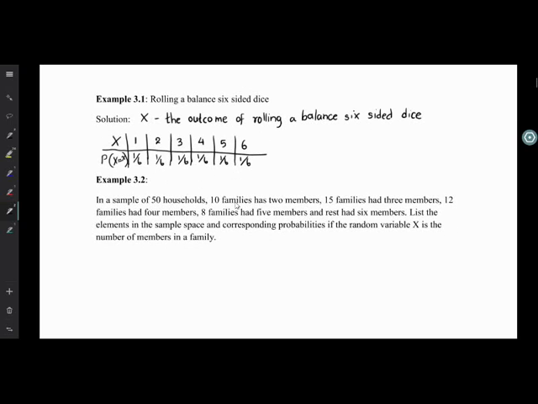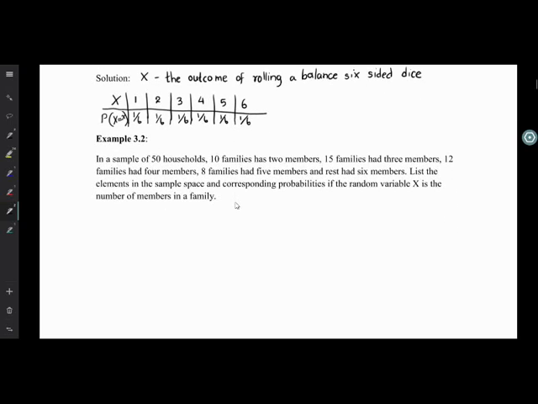Let's look at the second example. In a sample of 50 households, 10 families had 2 members, 15 families had 3 members, 12 families had 4, 8 had 5, and the rest had 6 members. List the elements in the sample space and corresponding probabilities if the random variable X is the number of members in a family.